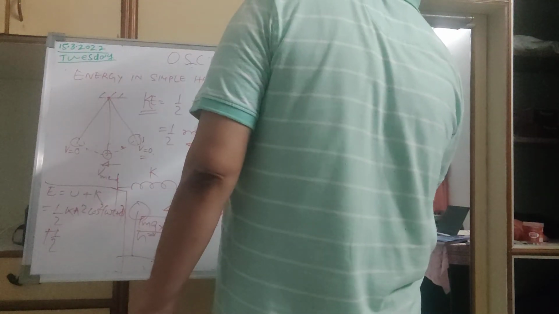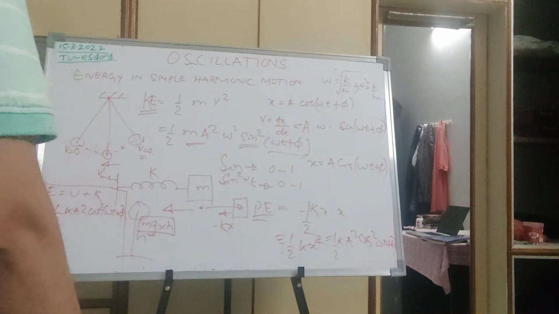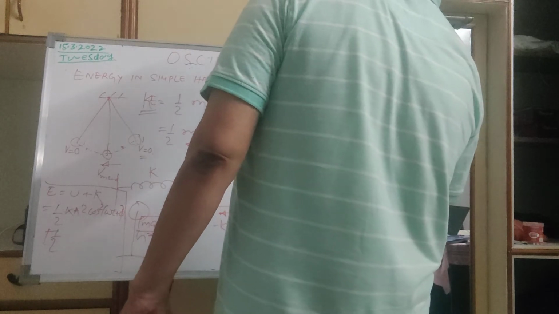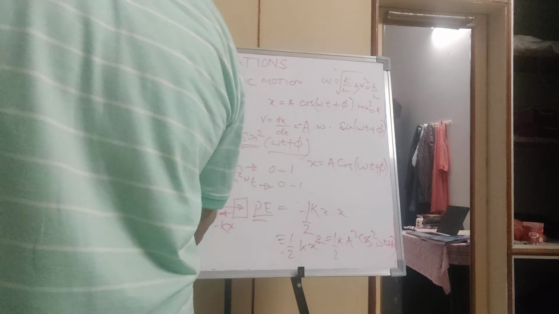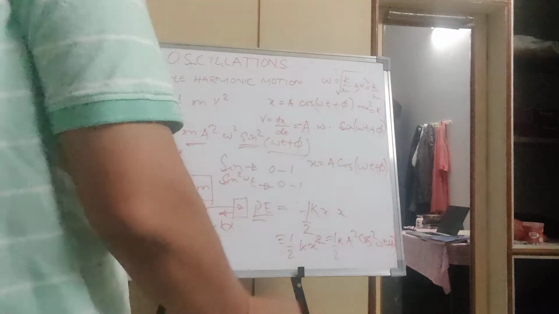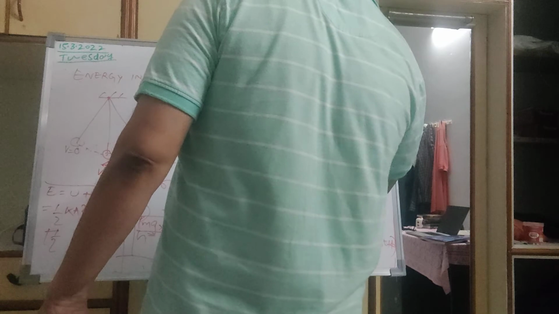So omega square is equal to k by m. That means m into omega square is equal to k. So instead of this, we can write half k m omega square as half k, because k is coming out to be m omega square.